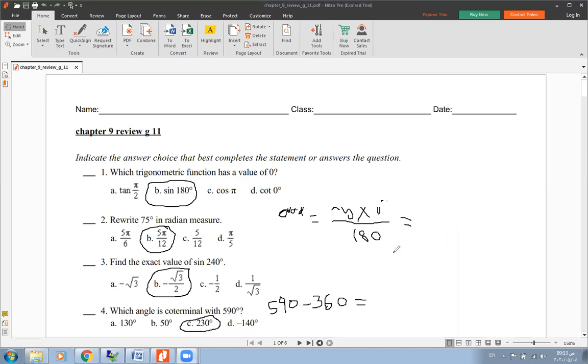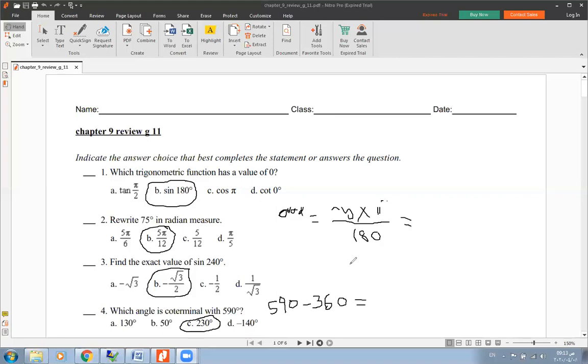No, in the coterminal angle, we add or subtract a complete rotation. The complete rotation is 360.